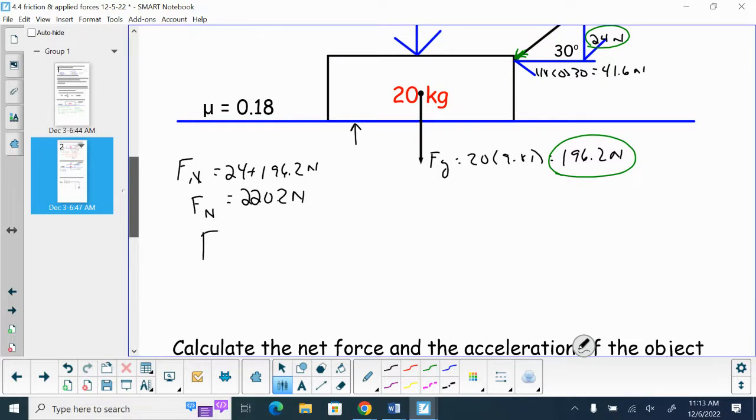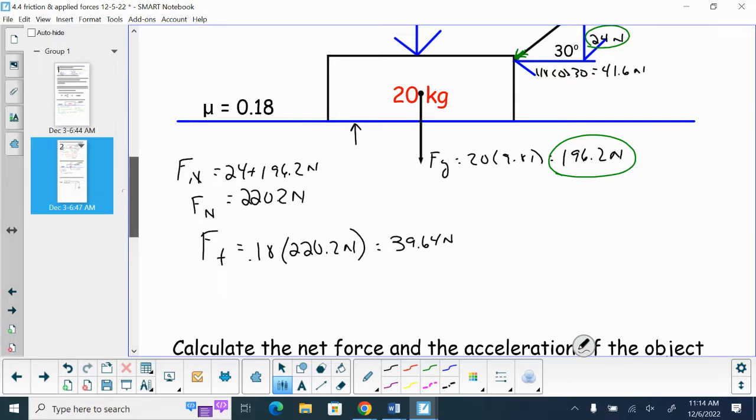So now we can calculate our force of friction, which is mu times force normal. So we have 0.18 times 220.2. What's our force of friction? 39.64 newtons is our force of friction.